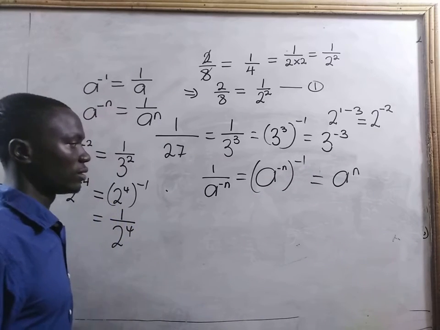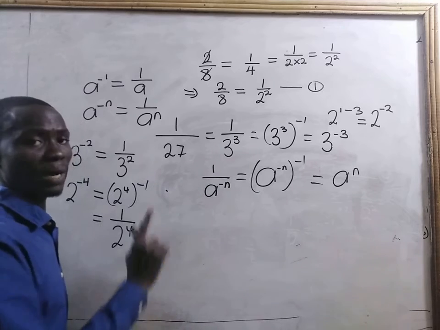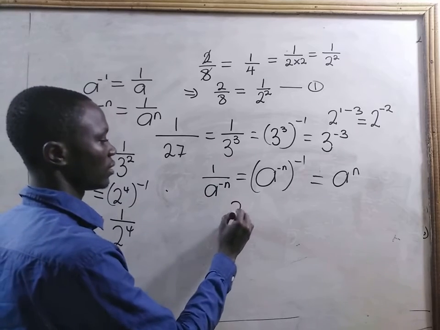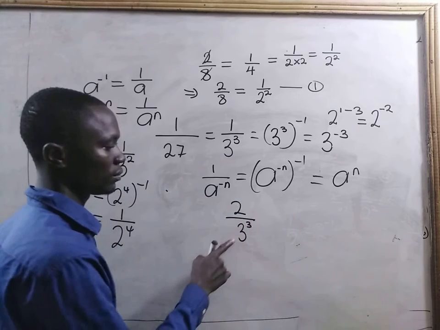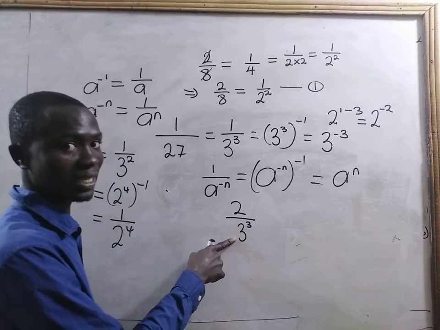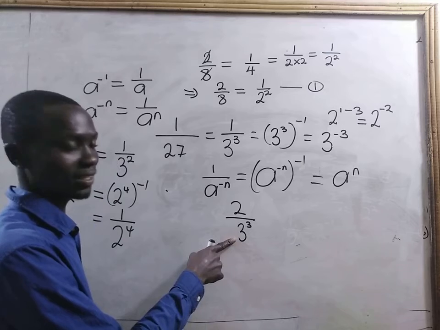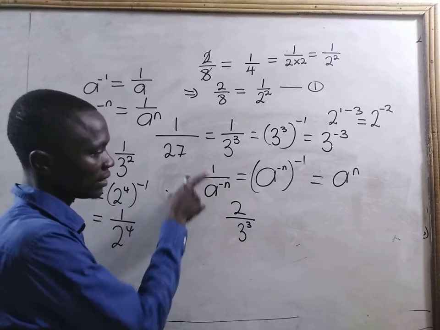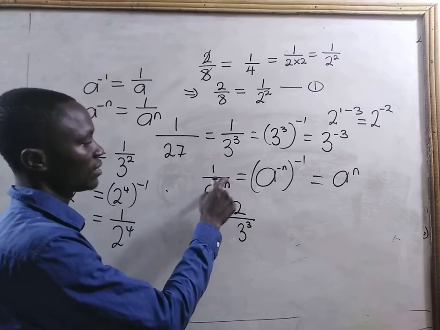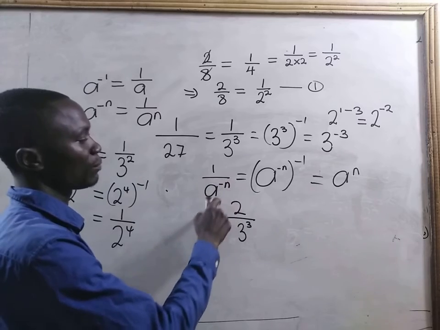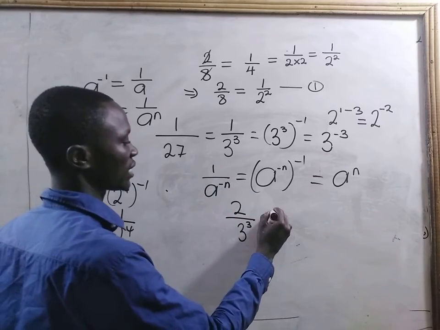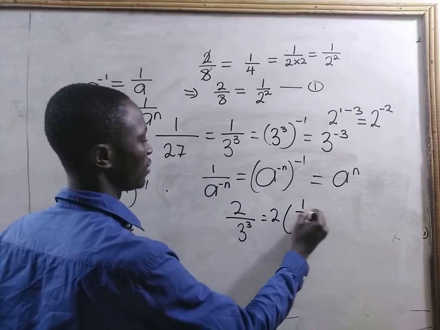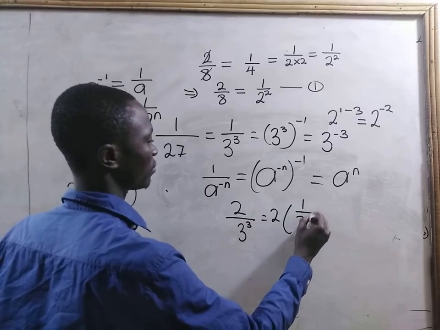Note, it is 1 divided by, it is not 2 divided by, let's say, 3 cube. You are not saying that it is like this. No. It is 1 divided by a certain variable or a certain number to a certain power. But this one can be expressed as 2 times 1 divided by 3 cube.